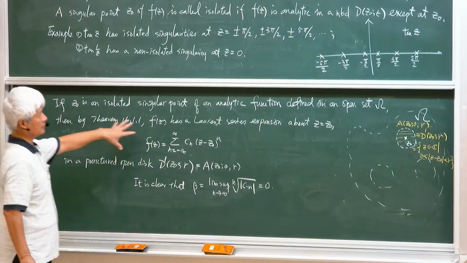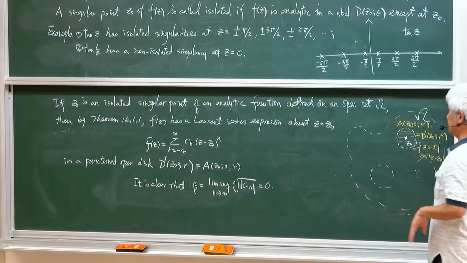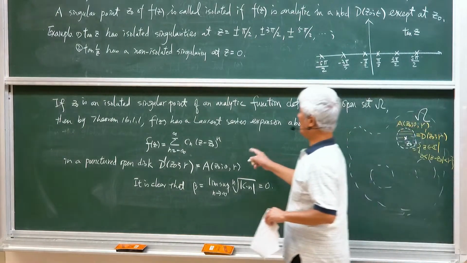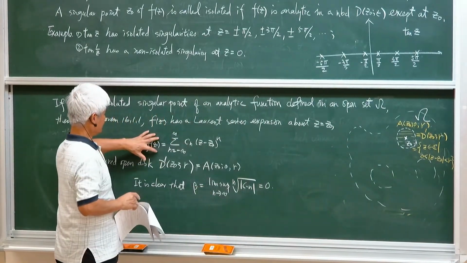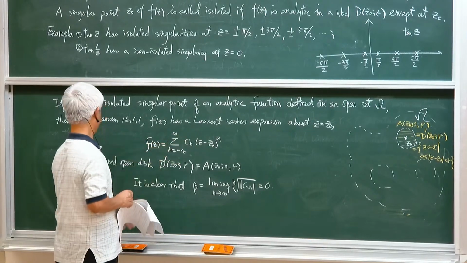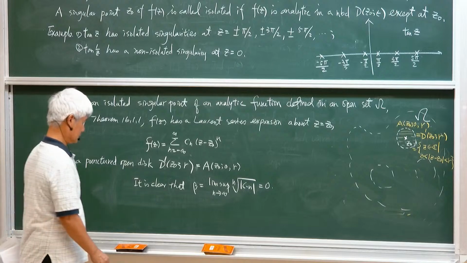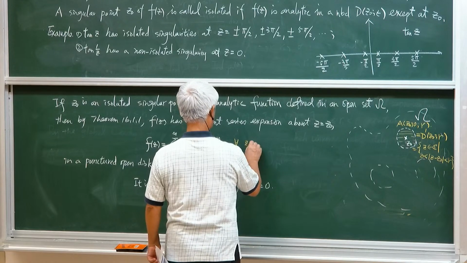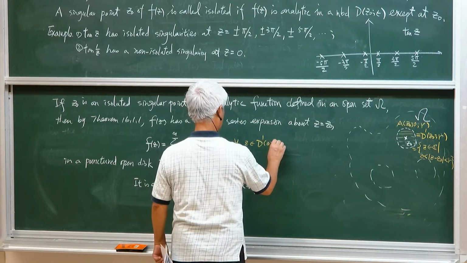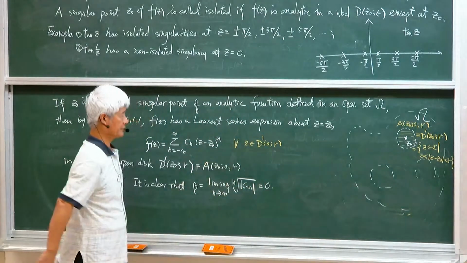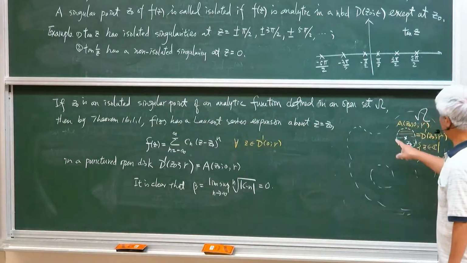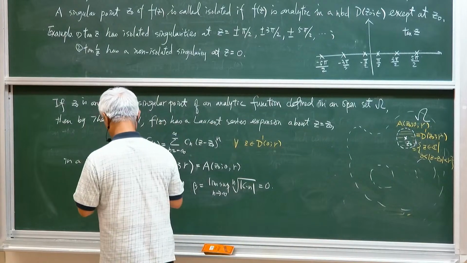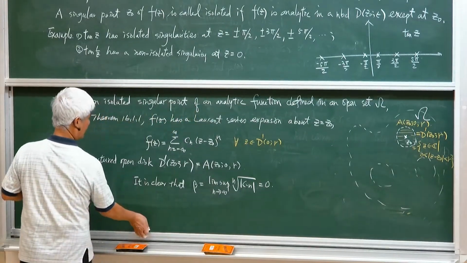So if z0 is an isolated singular point, we have this result: around the singular point, the analytic function has the Laurent series expansion, for all z in the punctured disk, for some R. The R is selected as big as possible, but anyway, you have a neighborhood there.